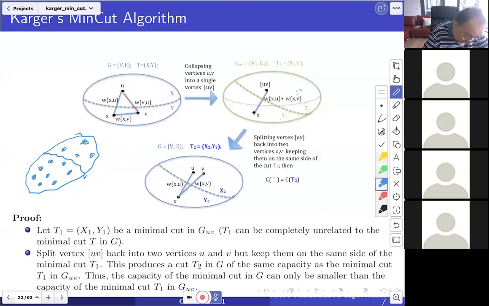So the min over this smaller collection can be only larger or equal than the min over a bigger collection, because maybe there exists here a point that does not belong to the subset and that is smaller than all the capacities from the subset, right? So this shows the capacity of the min cut in the collapsed graph can only increase.